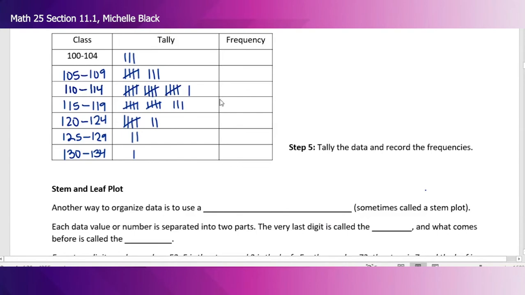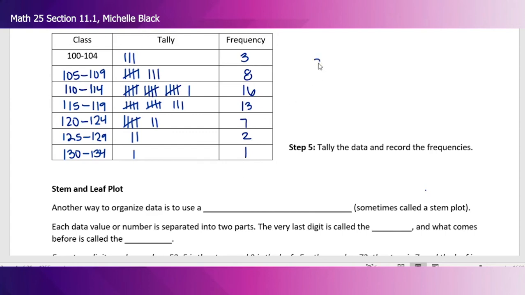And you should end up with this. Now what we're doing here is actually step 5, which is to tally your data and record the frequencies. So hopefully your tallies match mine. The frequencies I have are 3, here I have 8, in this row I have 16, 13, 7, 2, and 1.